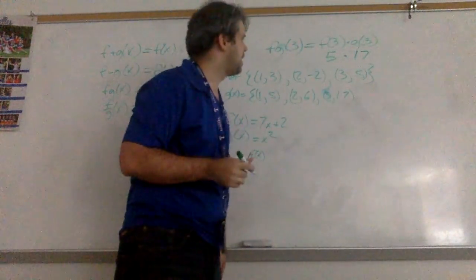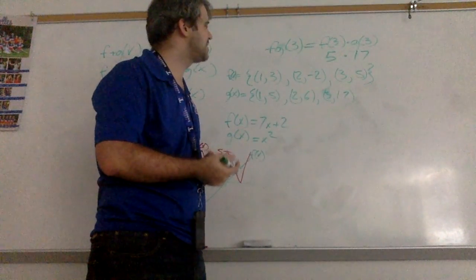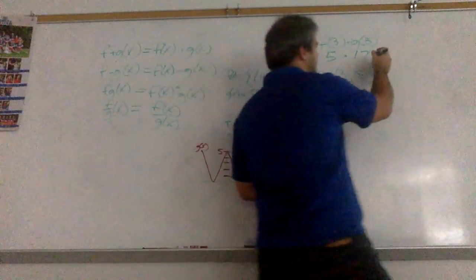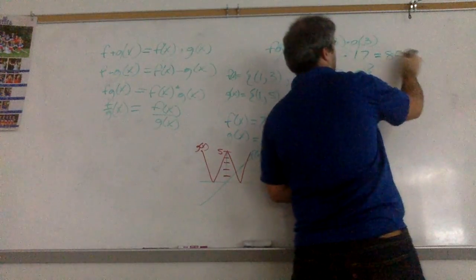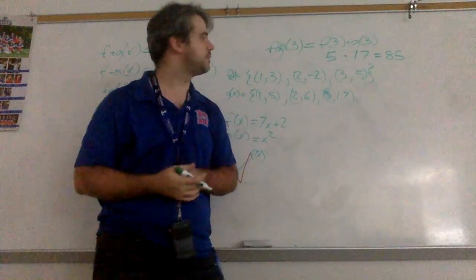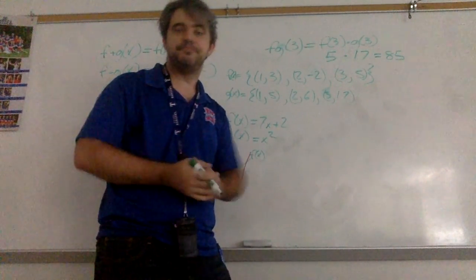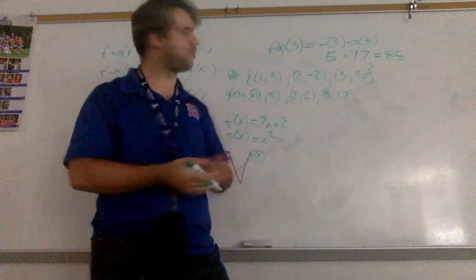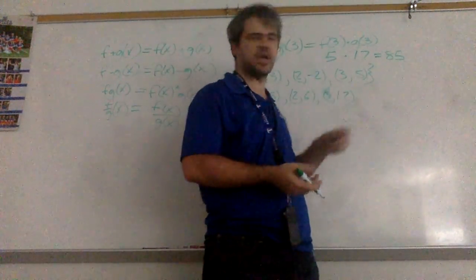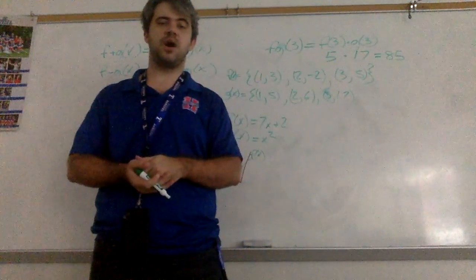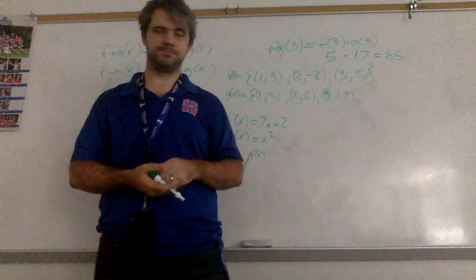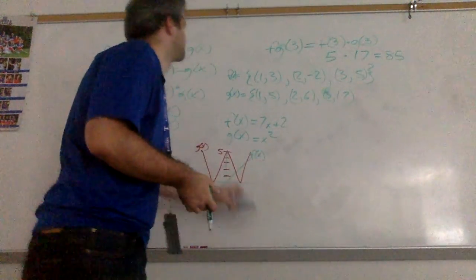So we get 5 times 17. I think that's 85. Okay, if not, you can make fun of me later. Okay, but it's the same concept as before. We just had to look through our ordered pairs to find the value of our function at a given input.